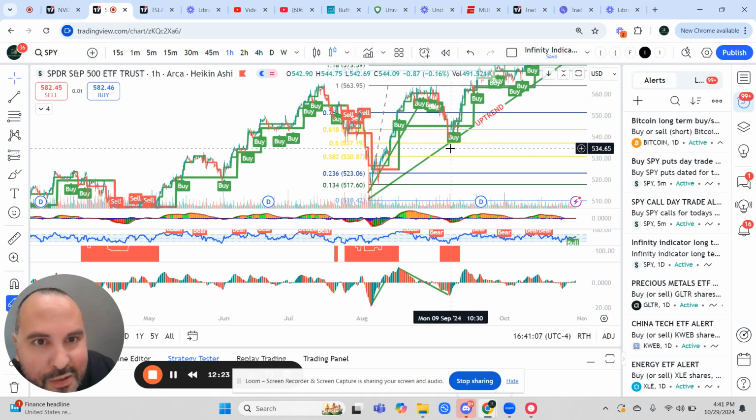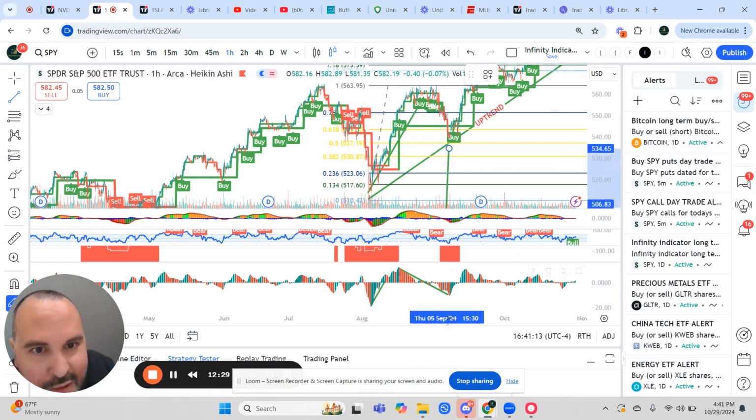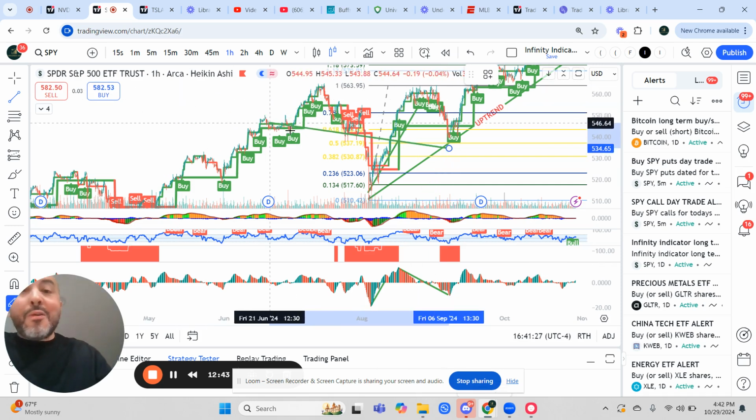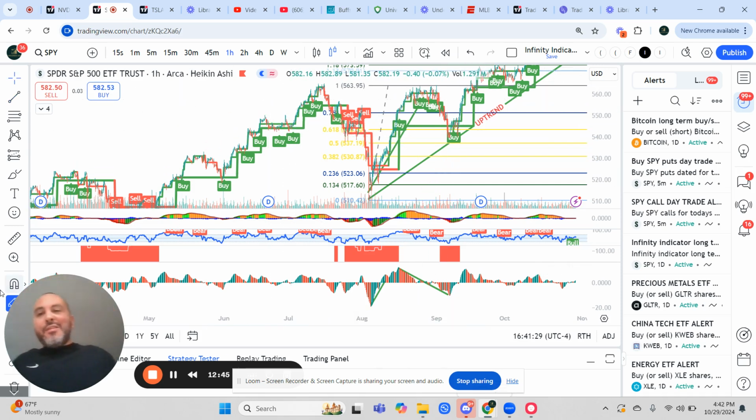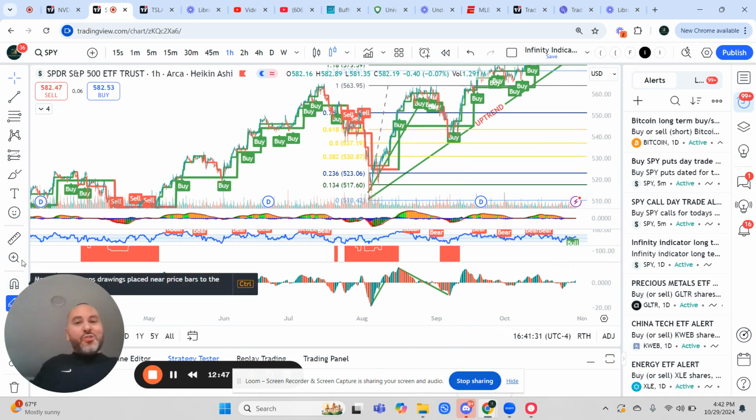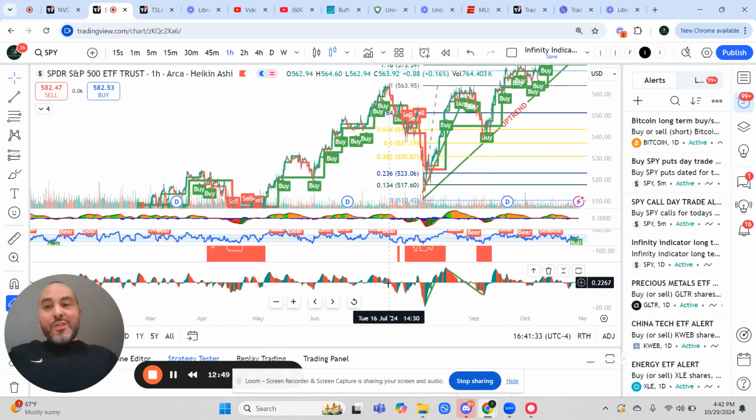I should probably make this a different color, but no, it won't let you. But you can see it calls the bottom there. And there is another way to use this as well.